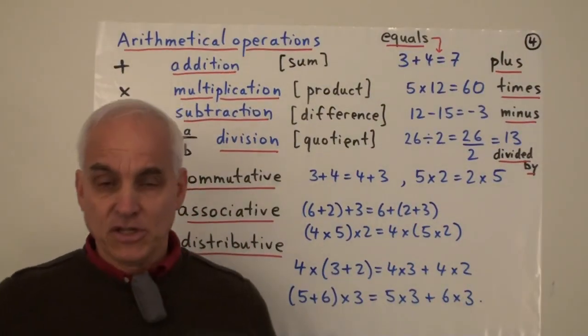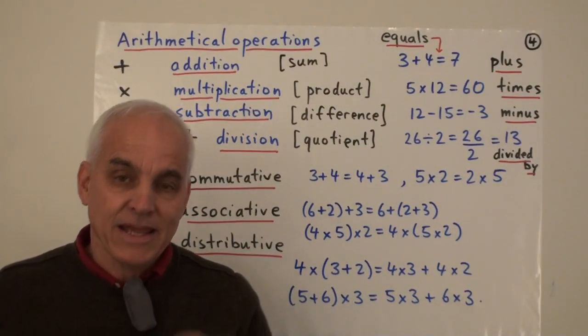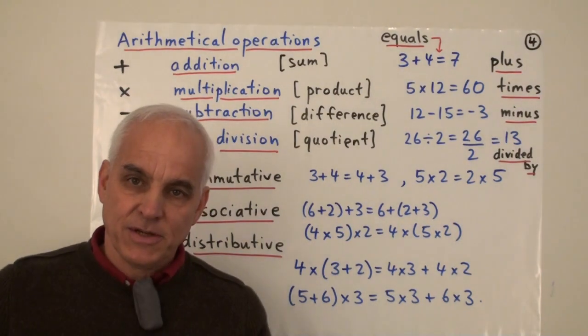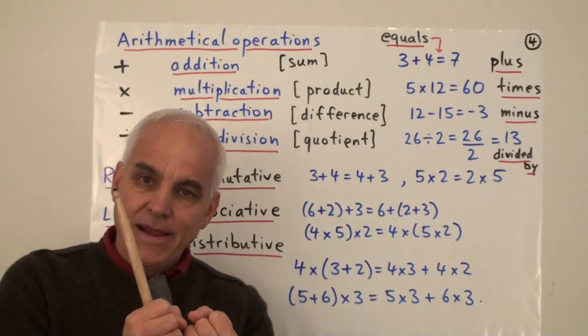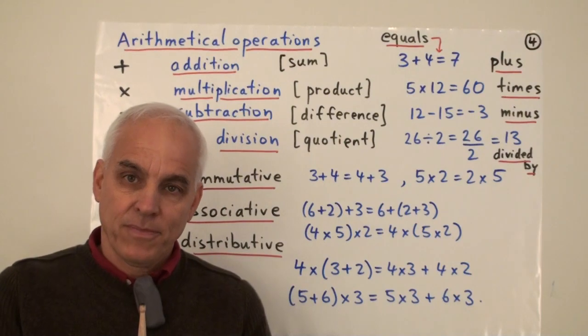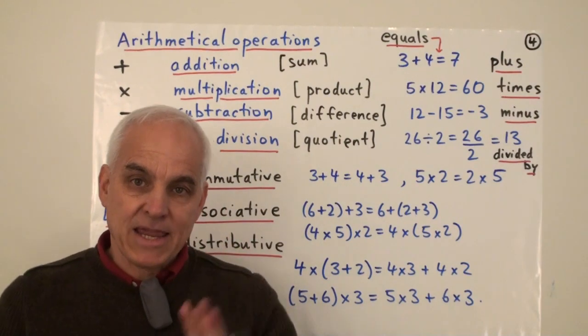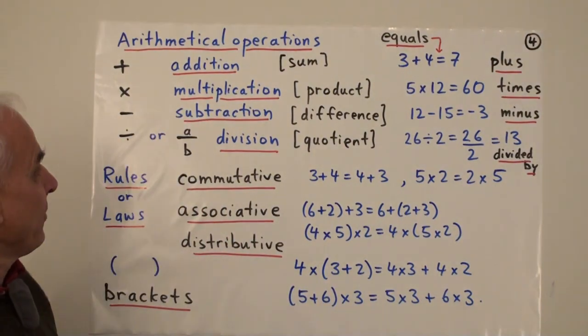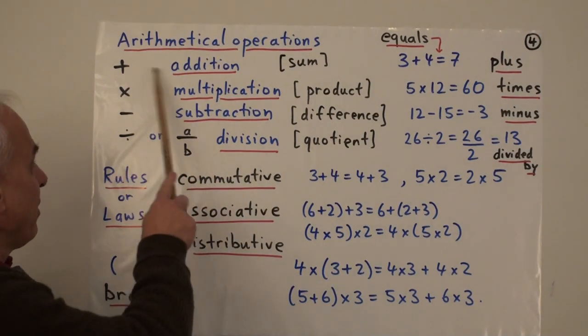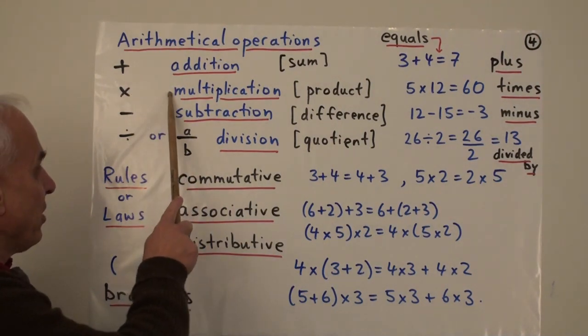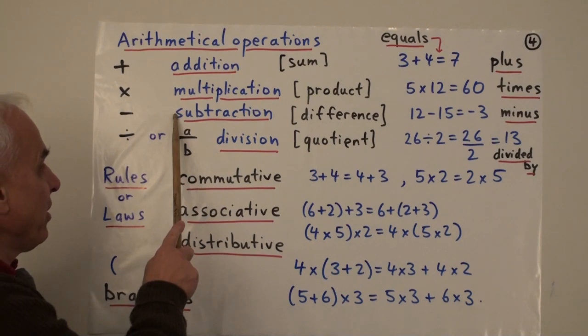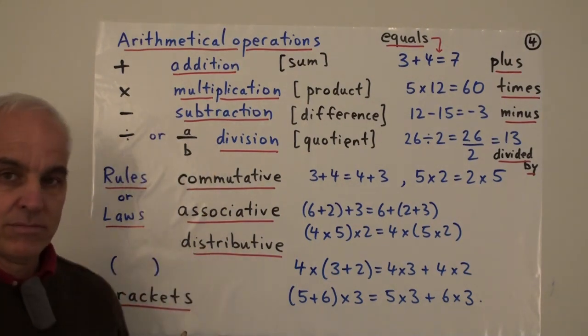Of course, arithmetic is not just about numbers, it's also about operations, ways of combining numbers to get new numbers. And there are 4 basic arithmetical operations: addition, multiplication, subtraction, and division.